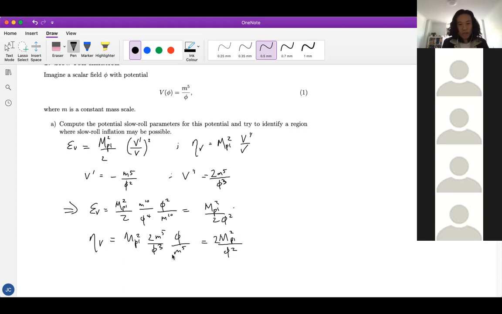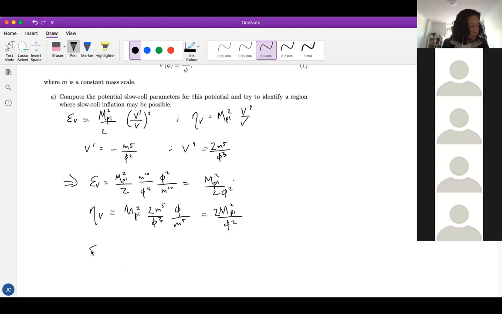And the slow roll condition is basically the same as well. You just require epsilon V to be much less than 1, and also the absolute value of eta V to be much less than 1. These two are going to give pretty much the same limits, just slightly different. If you take the epsilon V one, that would just be M_Pl squared on 2 phi squared much less than 1.